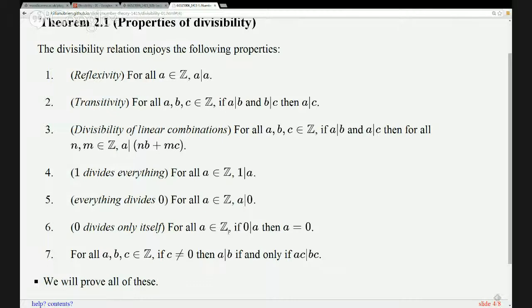Of course, let's do this showing off again. I want to conclude that A divides NB plus MC. That's the result I'm going for. How do you know to conclude that A divides this? You can only conclude it if you've written this as A times something.